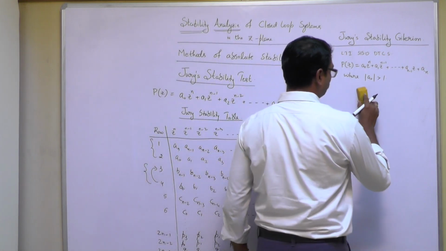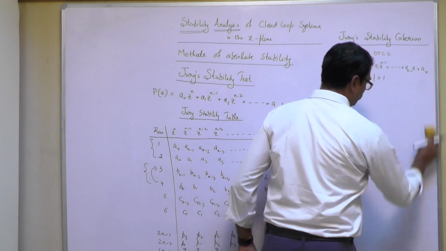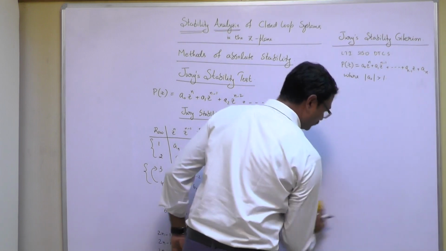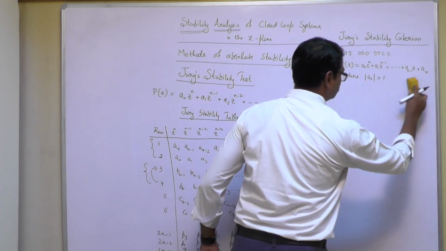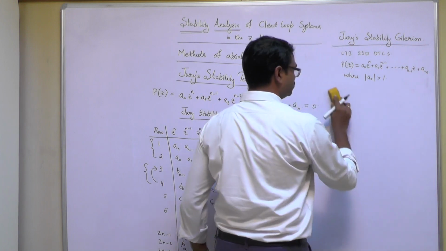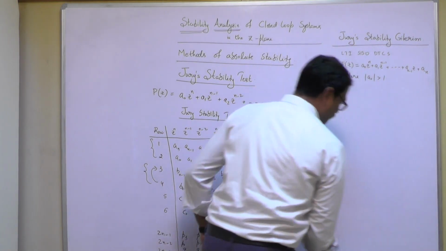You can say mod a0 is greater than 1. Always a0 must be positive, and the remaining values may be positive or negative.